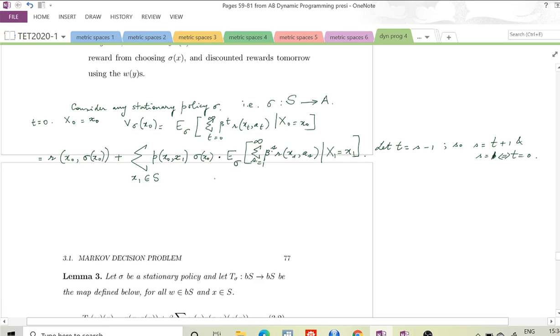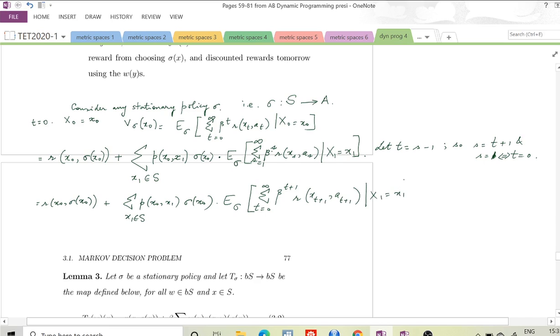Okay, so then I can write this using my index t as r of x naught, plus, so now the summation will be from t equals 0 to infinity, beta to the t plus 1, r of x t plus 1, a t plus 1, given x1 is equal to lowercase x1, right?